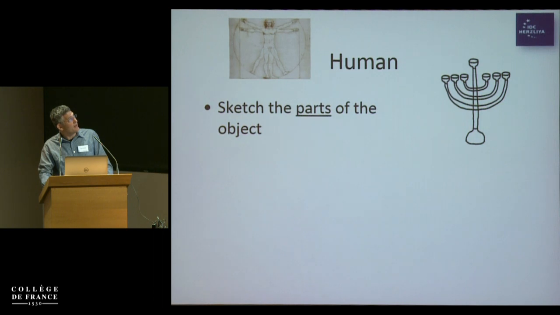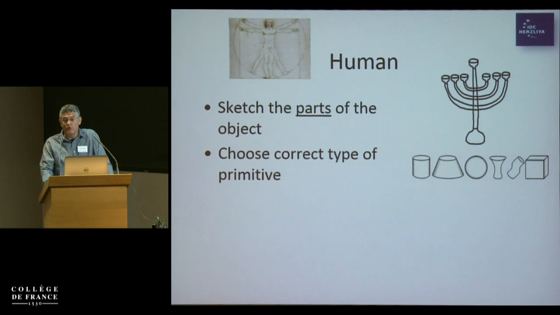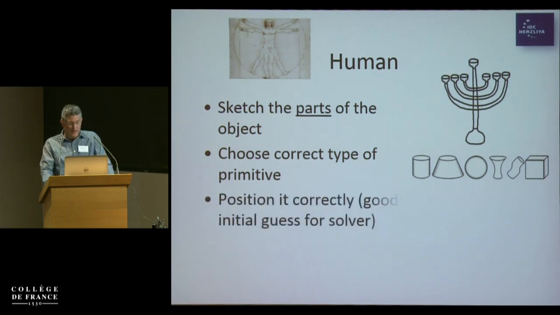So you can see the different parts are drawn separately. Then the human chooses the correct type of primitive. We humans can know that this is a cylinder, this is maybe a sphere, this is a cone, and so someone can drag different types of primitives and assist the program in recognizing those different parts, but also position them more or less correctly.